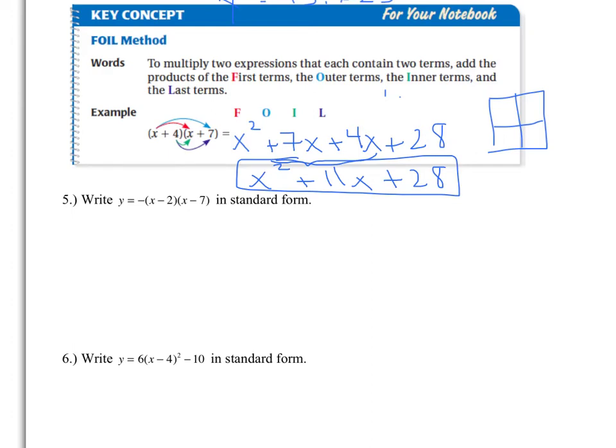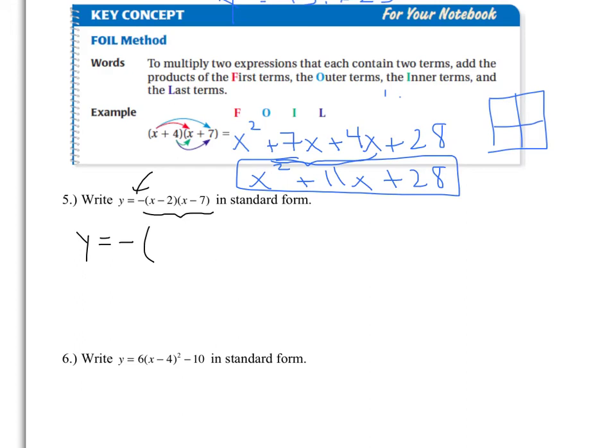Example number 5 says to write that polynomial, the equation, in standard form. So essentially we are just going to FOIL. So the first thing we want to do is, not that there's a single right way of doing this, I always multiply my binomials first, and then I'm going to distribute the negative after I FOIL. So keep my negative.